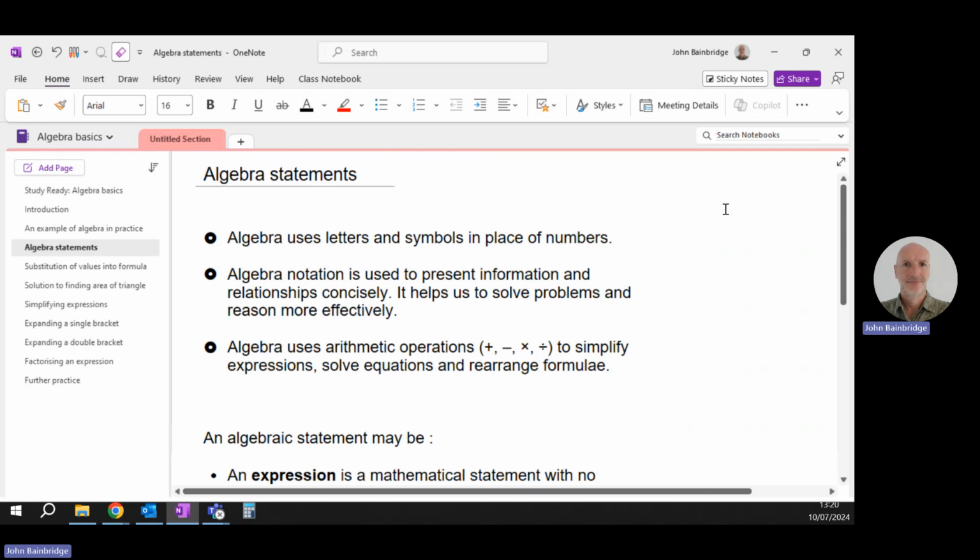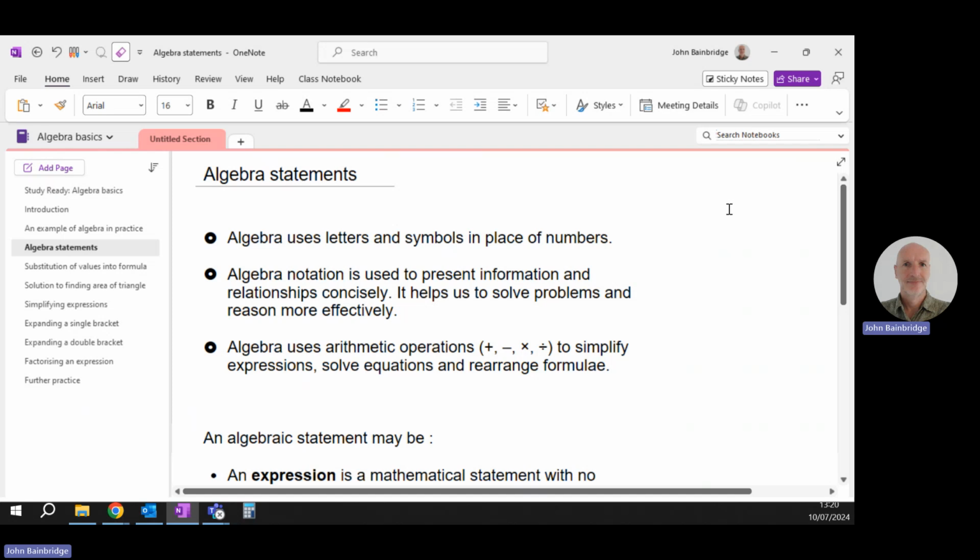A typical scenario might be that we model a situation in algebra and then do some analysis on that algebra to get results in algebraic notation, and then we interpret the results that we've got within the algebra as to what that is telling us about the real world situation, the real world problem that we may be looking at.